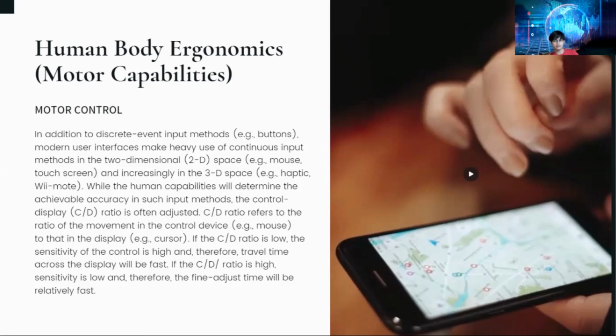The CD or control display ratio refers to the ratio of the movement in the control device, for example the mouse, to that in the display or the cursor. So if the CD ratio is low, the sensitivity of the control is high, and therefore travel time across the display will be fast. If the CD ratio is high, sensitivity is low, and therefore the fine adjust time will be relatively fast. As easy as that.